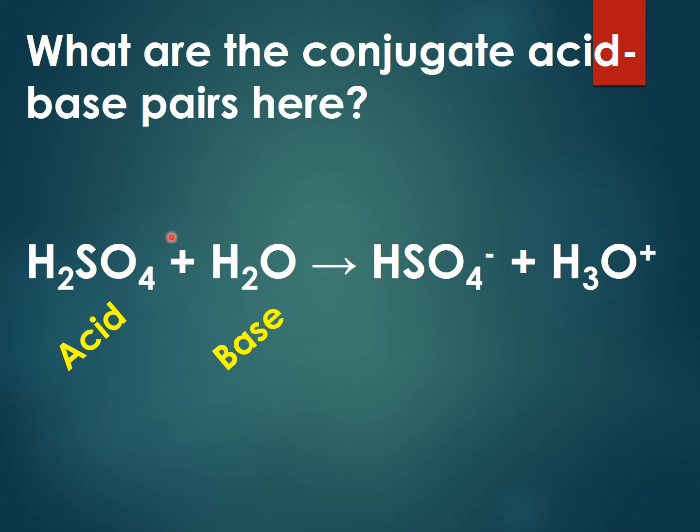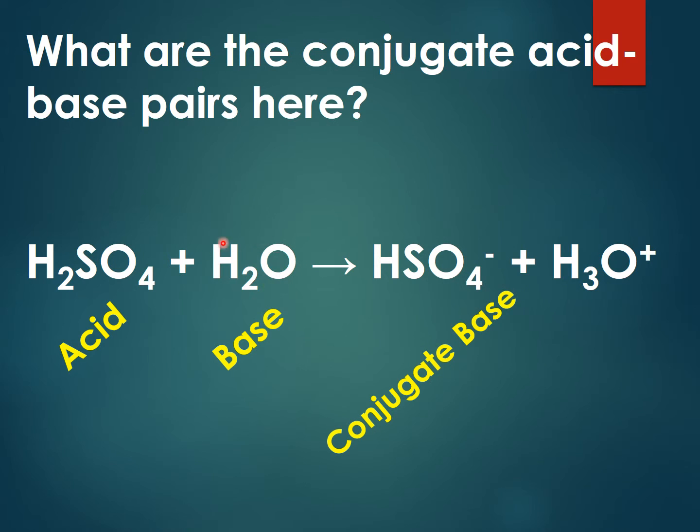So we have our acid and we have our base. Now remember that every acid has a conjugate base. The difference is that the conjugate base has one proton fewer, or one hydrogen fewer, than the original acid. So the HSO4 is the conjugate base.